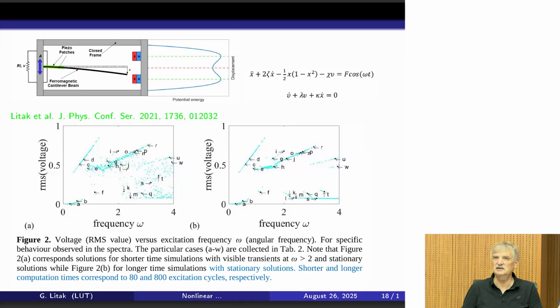However, the leading frequency is the same as the excitation frequency, and in the other branches, the leading frequency of the response seems to be lower than the frequency here.